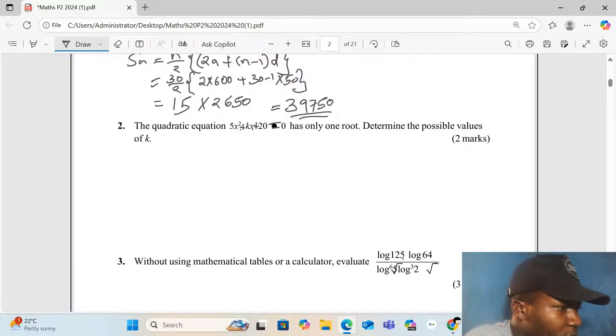Determine the possible values of k. So 5x squared plus kx plus 20 is equal to 0.